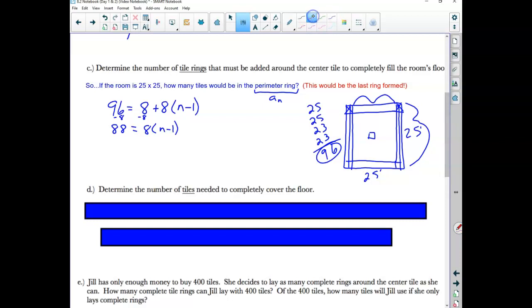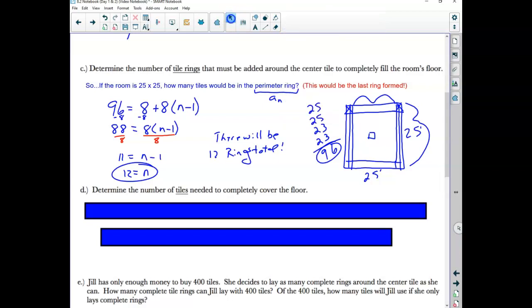And then what am I going to do? I think I'm going to divide by 8, and that's going to give me 11 equals n minus 1. So n better equal 12. There will be 12 rings total to fill up my whole room.